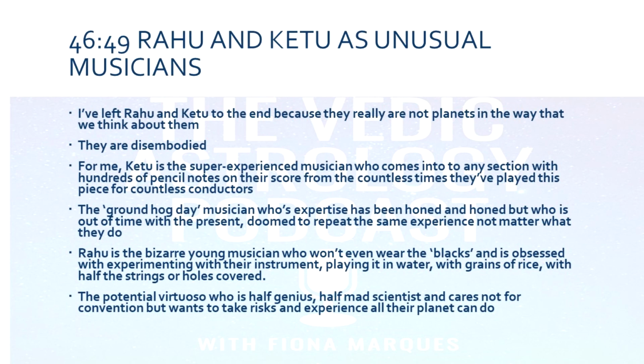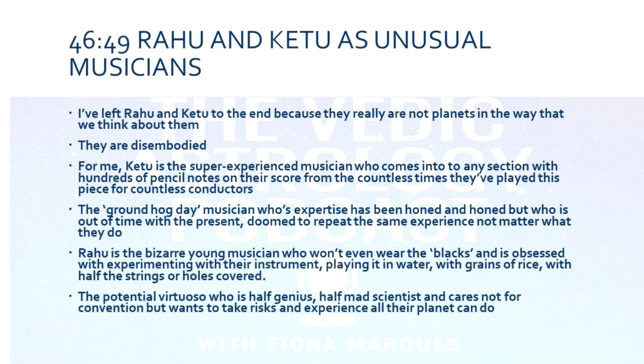And then that brings me pretty much finally, the one that I have been leaving out is Rahu and Ketu. And I've left them to the end because really we know that Rahu and Ketu are not planets in the way that we think about heavenly bodies. They are disembodied, they're ghost planets.